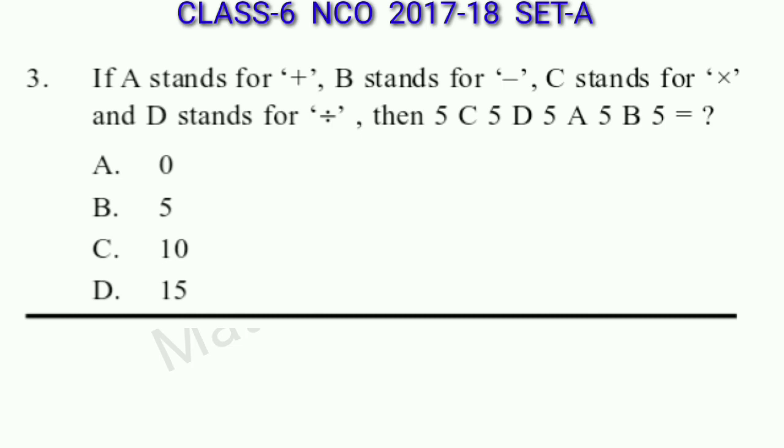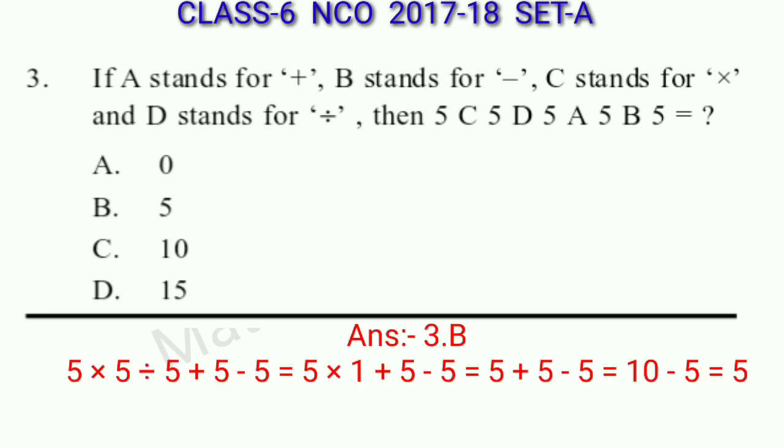Here we have to put plus in place of A, minus in place of B, multiplication in place of C and division in place of D. So it will be 5 multiplied by 5 divided by 5 plus 5 minus 5 will get 5. So the answer will be option B.